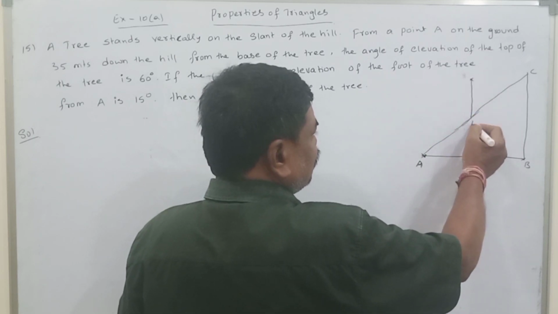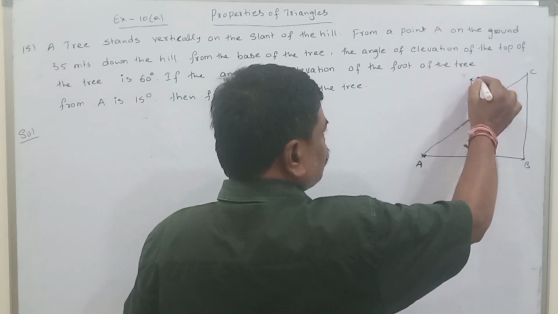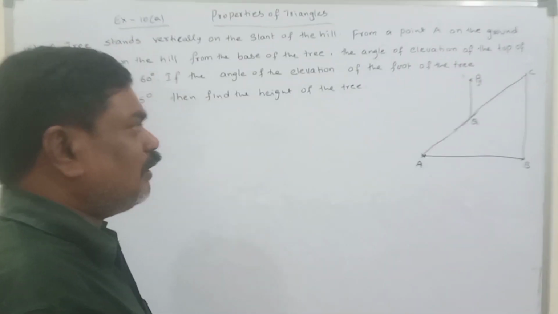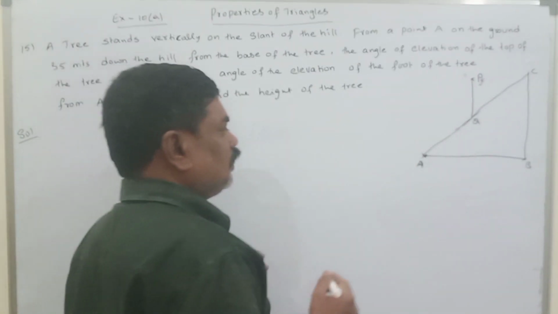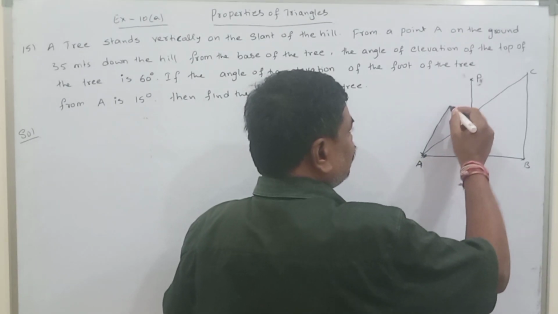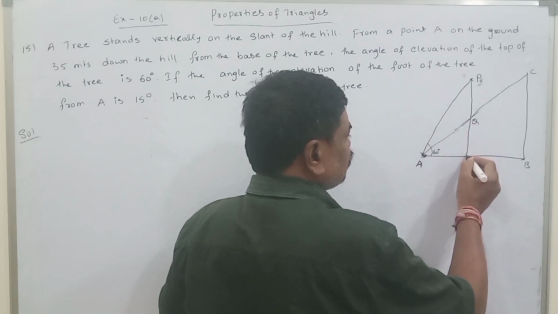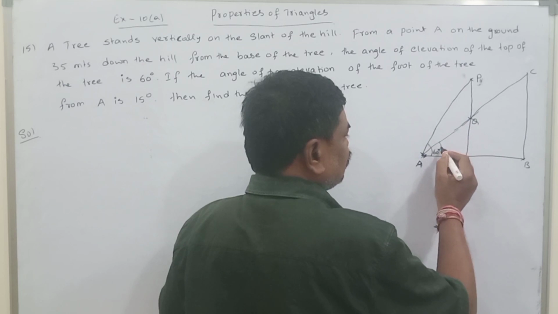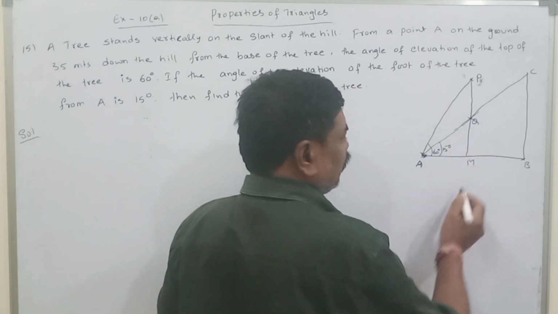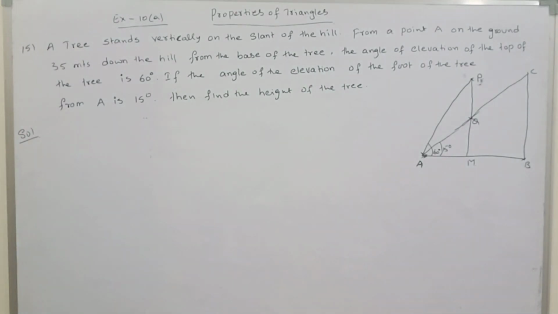PQ is the tree on the slant height of the hill, and from the point of observing, the top of the tree has angle of elevation 60 degrees, and the bottom of the tree has angle of elevation 15 degrees. This is QM, the point on the foot of the hill.